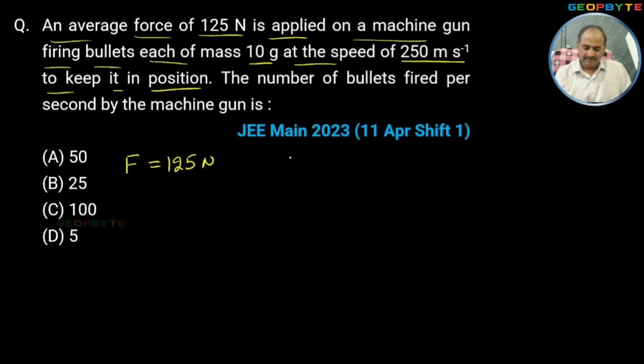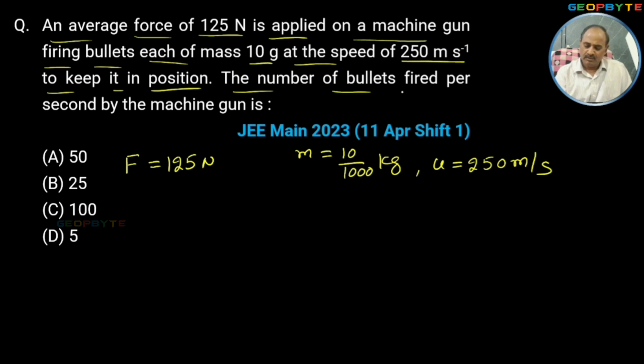Then bullets are releasing. Mass of each bullet is 10 grams, that is 10 by 1000 kilograms. Each bullet is releasing with a speed u equal to 250 meter per second. The number of bullets fired per second by the machine gun is, how many bullets?